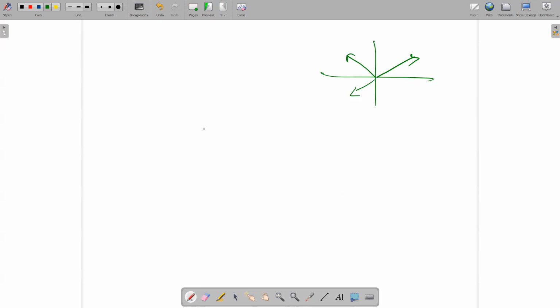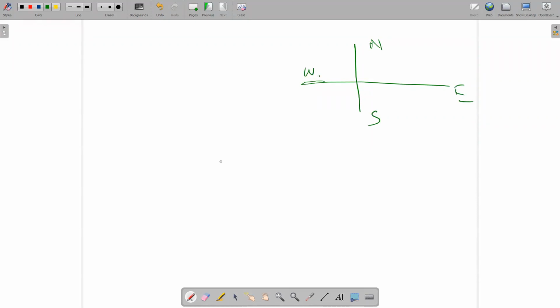Sometimes they are giving the directions, which I want to discuss with you. This is north, south, east, and west.